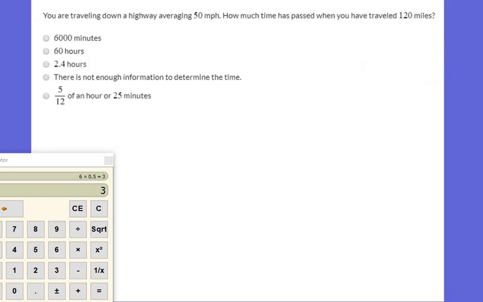Okay, it says you are traveling down a highway averaging 50 miles per hour. How much time has passed when you have traveled 120 miles? Okay, so you are traveling 50 miles per 1 hour, and they want to know how much time has passed in 120 miles.